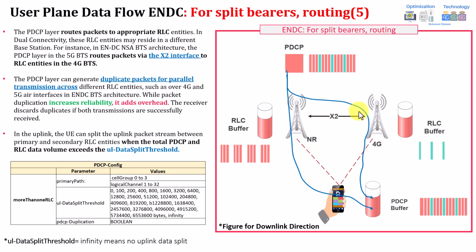Also assume that the X2 itself has high delay. This extra delay can delay the green packets. This means at the receiver side, assume the sequence numbers 1, 2, 3, 4: the receiver will receive the red ones, which are 1, 2, 3, but 4 will not be received, and it will receive 5. So the receiver will hold the data because of this reordering until it has the complete sequence.